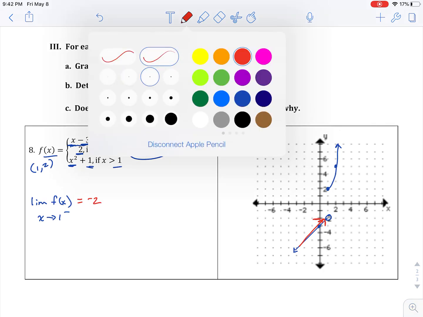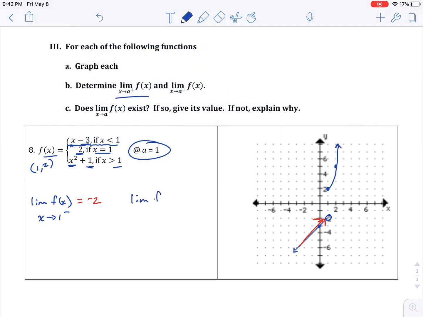Okay, and now if I'm going to do the limit of f of x as x approaches 1 from the positive side, it looks as though I am getting to a positive 2. And since these two values are not the same, when I go to do the last part, does the limit of f of x as x approaches 1 exist, I am going to say that it does not exist because these two values are not the same.